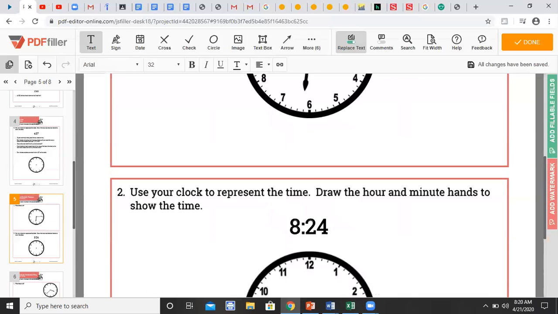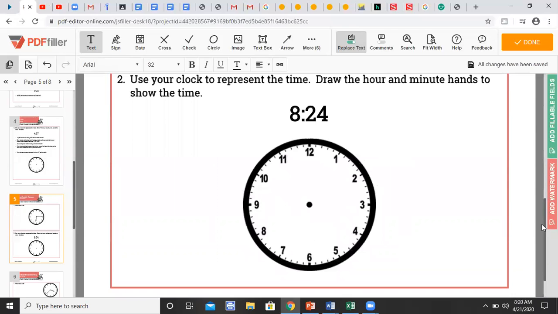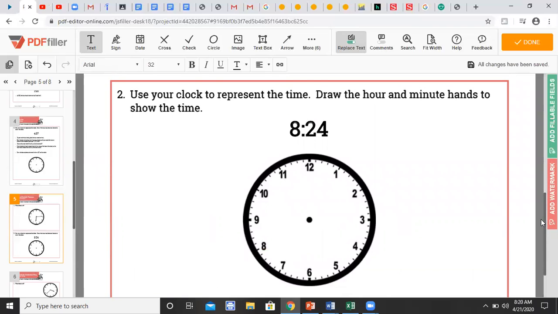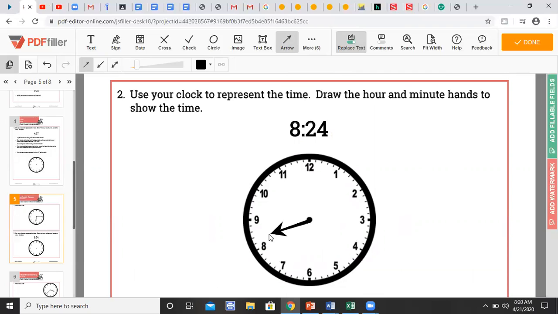Number 2, use your clock to represent the time. Draw the hour and minute hands to show the time. So here we see that the hour is 8. Okay, so I'm going to put my arrow between the 8 and the 9 as my short hand. And then my minute hand will go on 24.